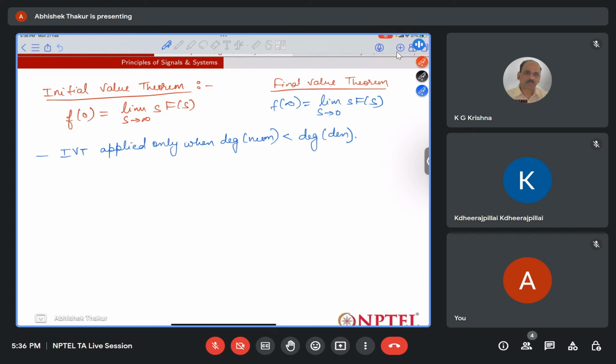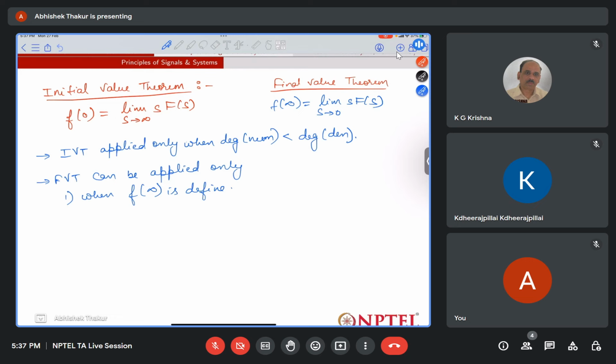And the final value theorem can be applied only when f of infinity is defined and all poles of F(s) lie in the left half of the S plane.